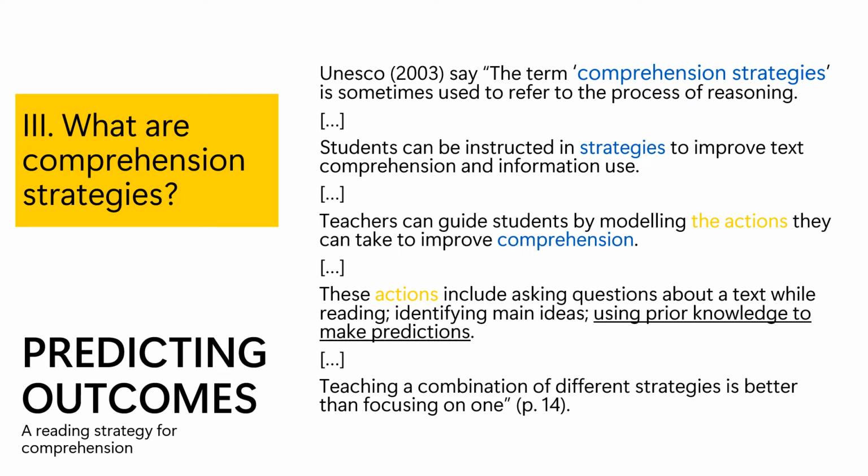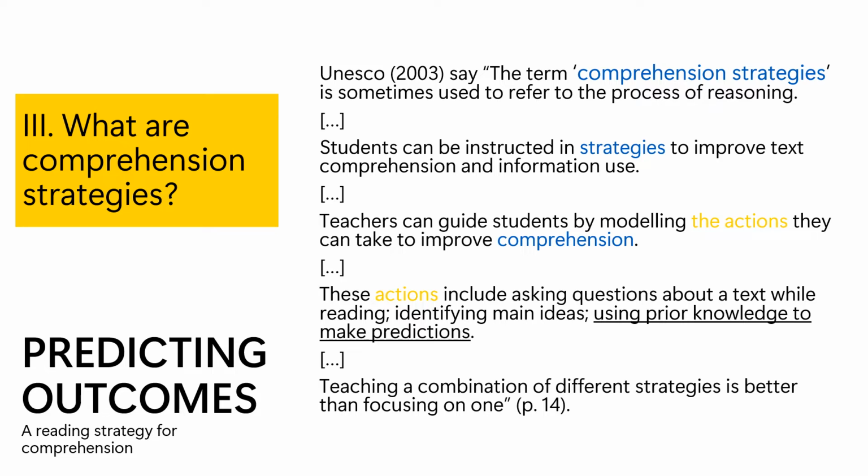Teachers can guide students by modeling the actions they can take to improve comprehension. These actions include asking questions about a text while reading, identifying main ideas, or using prior knowledge to make predictions.